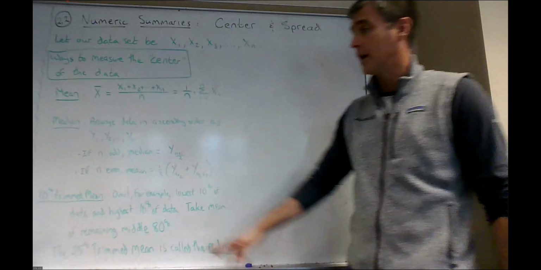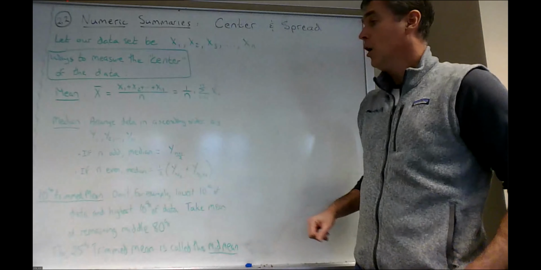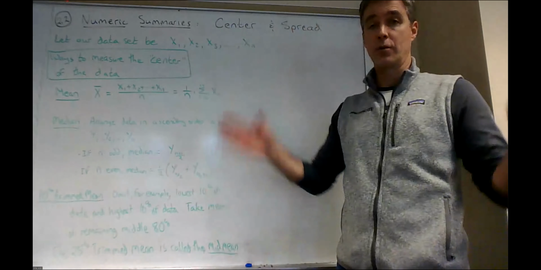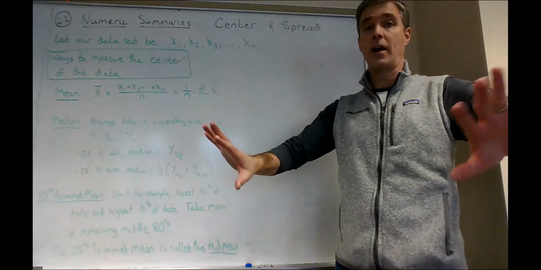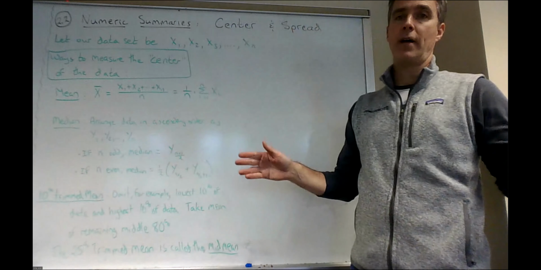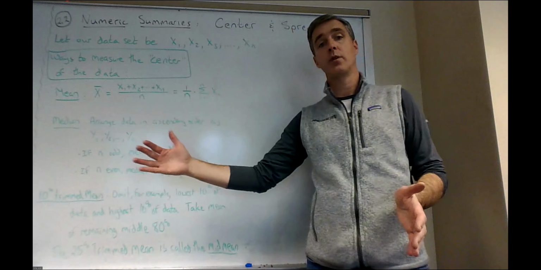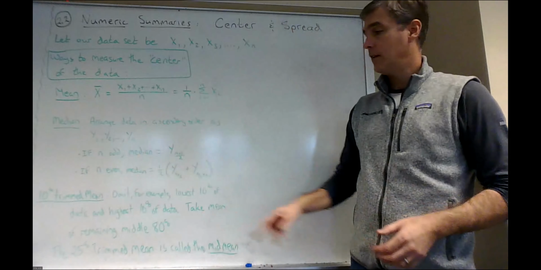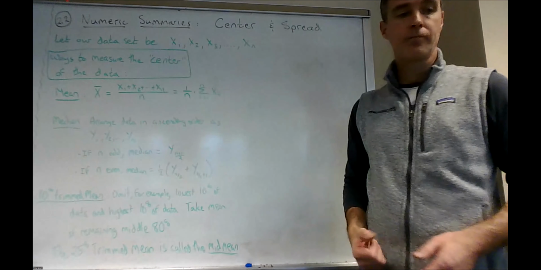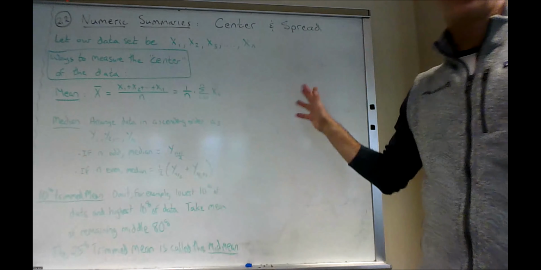For example, I could have a 10% trimmed mean, where I omit the lowest 10% of the data and the highest 10% of the data. So I'm chopping off 10% on either end, and I take the mean of the remaining middle 80%. Now, if I trim off the bottom 25% and the top 25%, and then take the mean, that 25% trimmed mean is called the mid-mean. All right, so those are ways to measure the center of data.